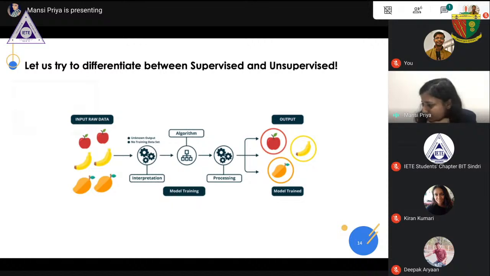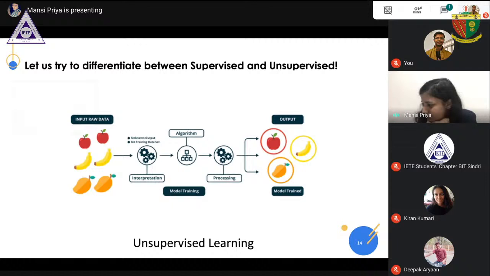I'll give you 10 to 15 more seconds to reply. Yes, as I can see, the maximum number of answers said it was unsupervised learning, and you are right. This is a case of unsupervised learning. Thank you so much, everyone, for participating.